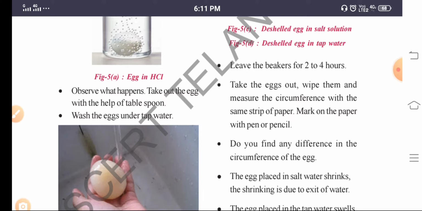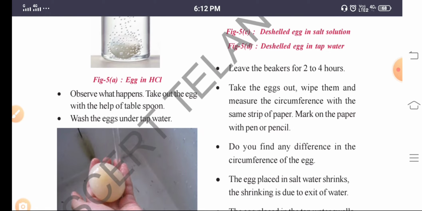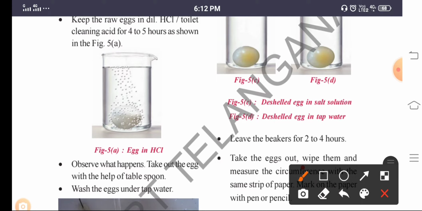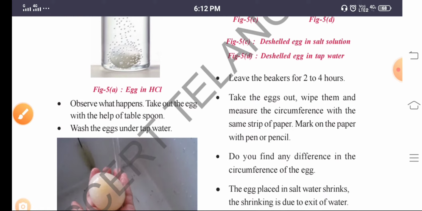Take the eggs out and wipe them and measure the circumference with the same strip of paper. Now here by taking a strip of paper, after taking out, you have to measure the circumference of this egg, and you have to measure the circumference of this egg by taking a strip of paper.